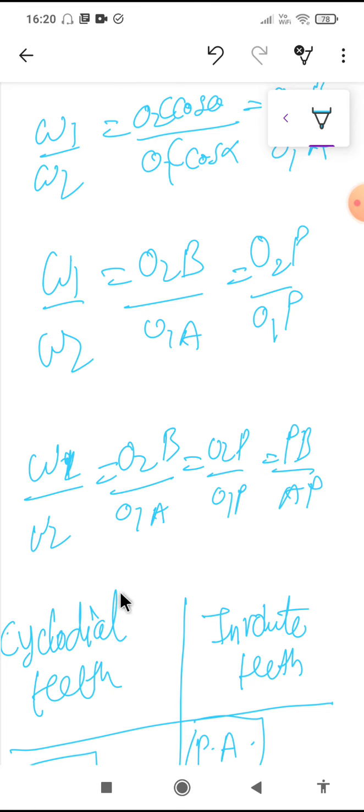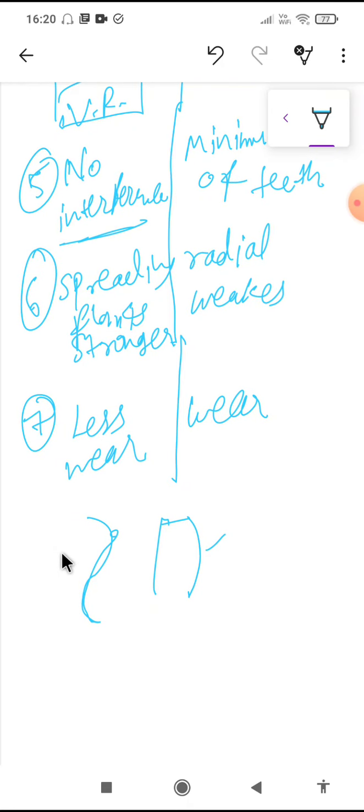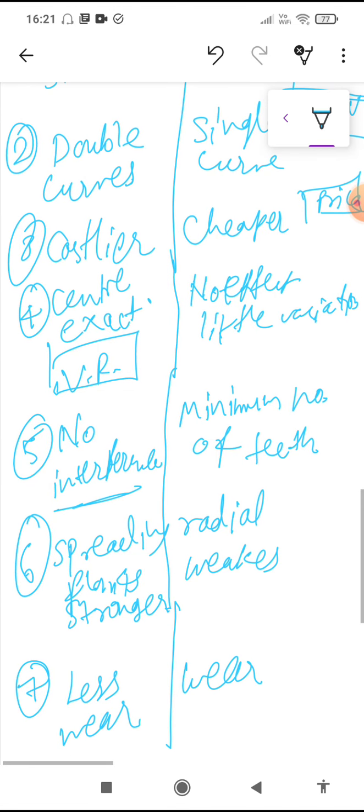Then we saw the difference between cycloidal teeth and involute teeth. The cycloidal teeth have convex and concave shapes, while the involute teeth have just a convex shape.